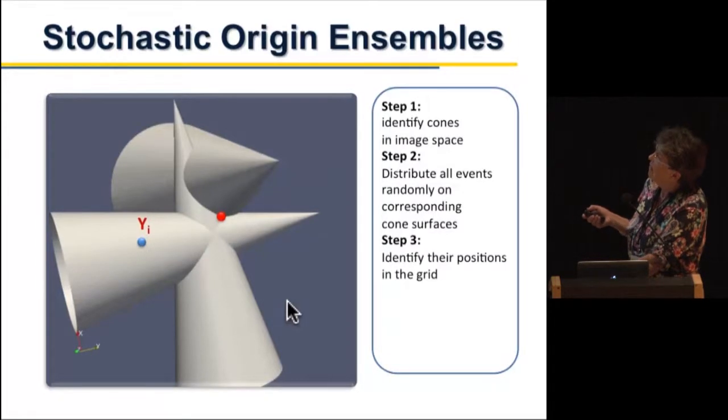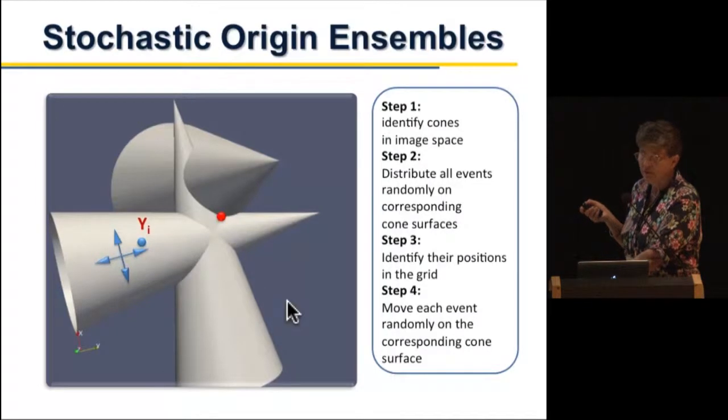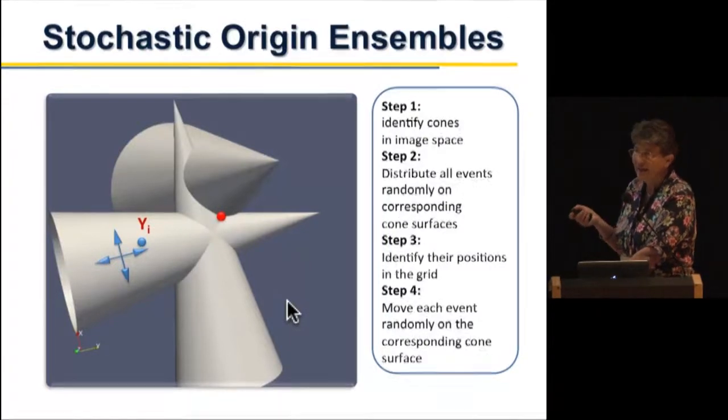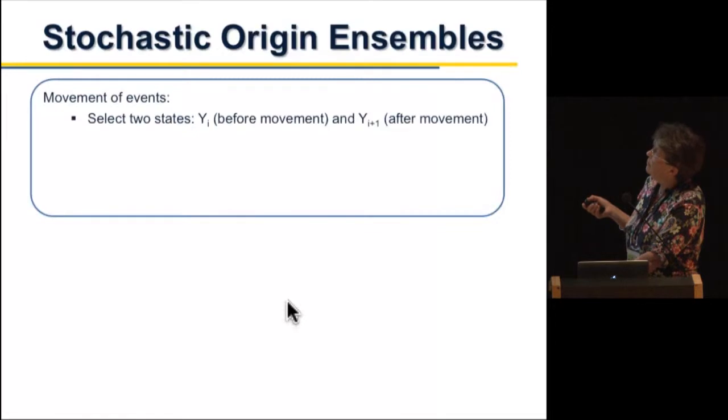Then you start moving this event. So you have an event, and you move the event randomly on the surface of each cone, because we know that this event is coming from somewhere. This cone corresponds to one event, and we randomly assign one position. Now we are moving this position to a new position. And what are the rules?